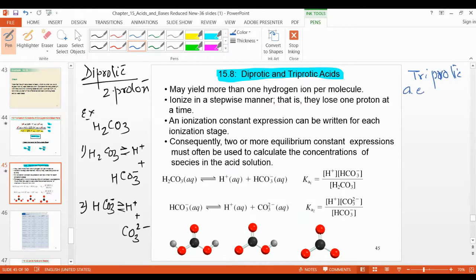The third one is triprotic acid. Triprotic acid means 3 H plus should be there, 3 protons. So an example is H3PO4, right?